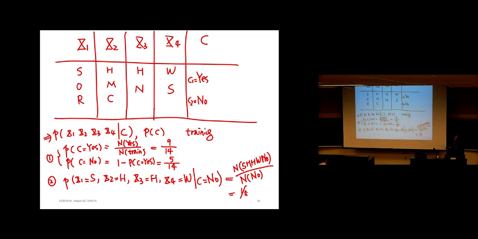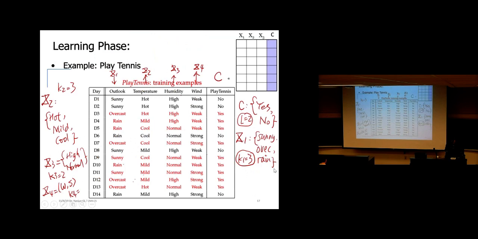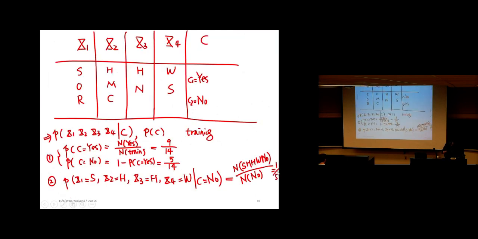So this is 1/5, but I also need to estimate the other: x1 equals S, x2 equals H, x3 equals H, x4 equals W, conditioned on C equals yes.